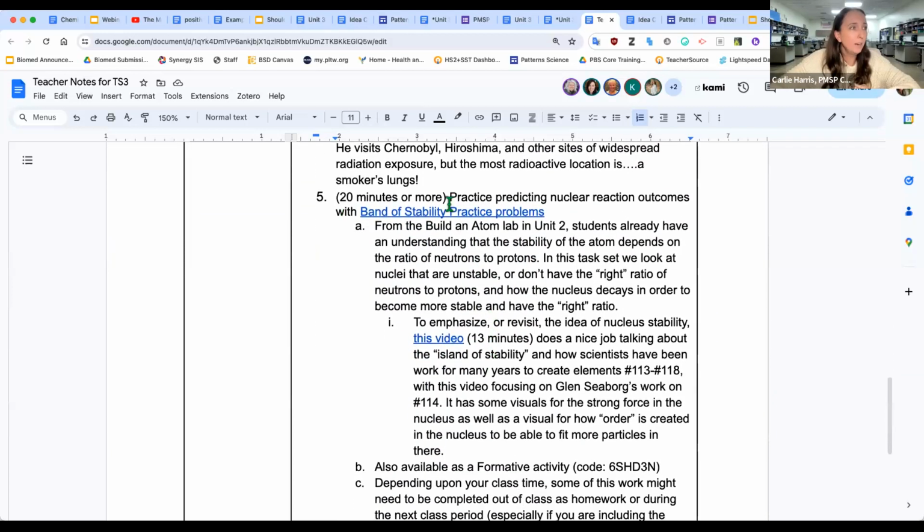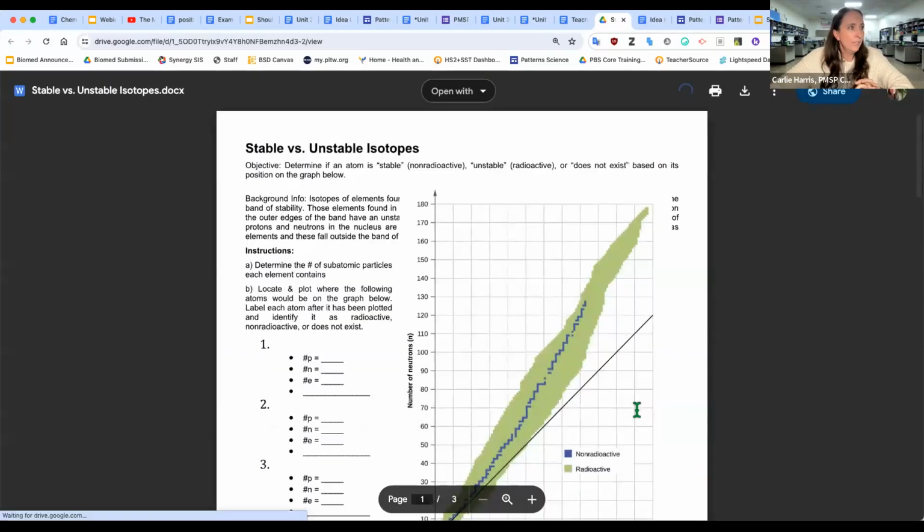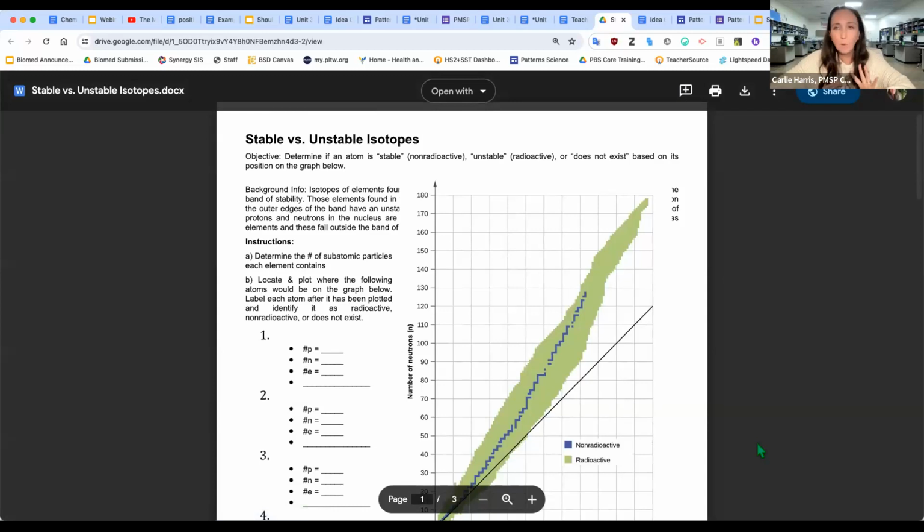And then the last part here, we're guessing this will take your students more than 20 minutes, right? But maybe that's all the timing you have left in your class, just to do a little practice with the band of stability. This is probably a little more classic nuclear chemistry that you're probably more familiar with.